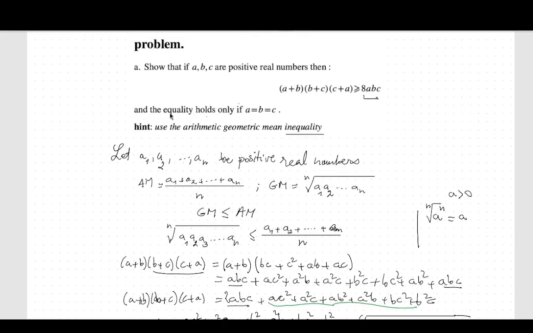Now, second part of this question. Let's show that the equality holds only if a equals b equals c.